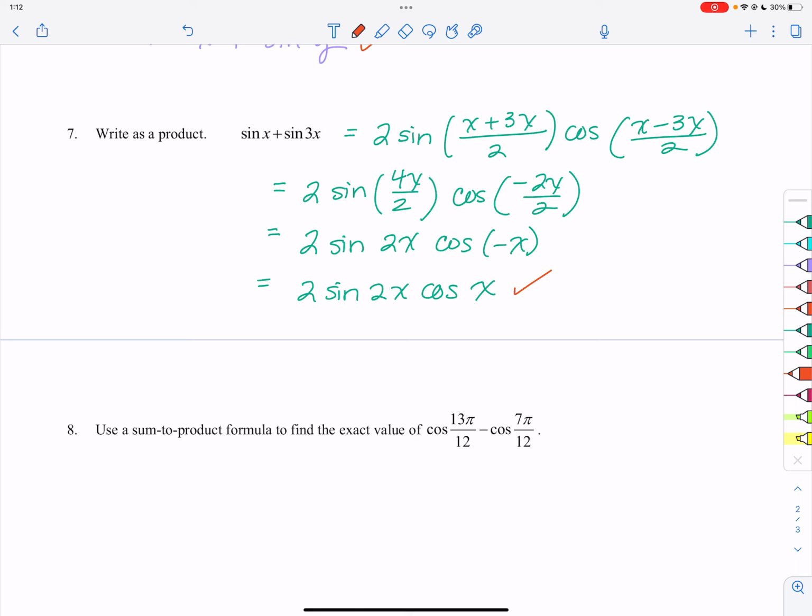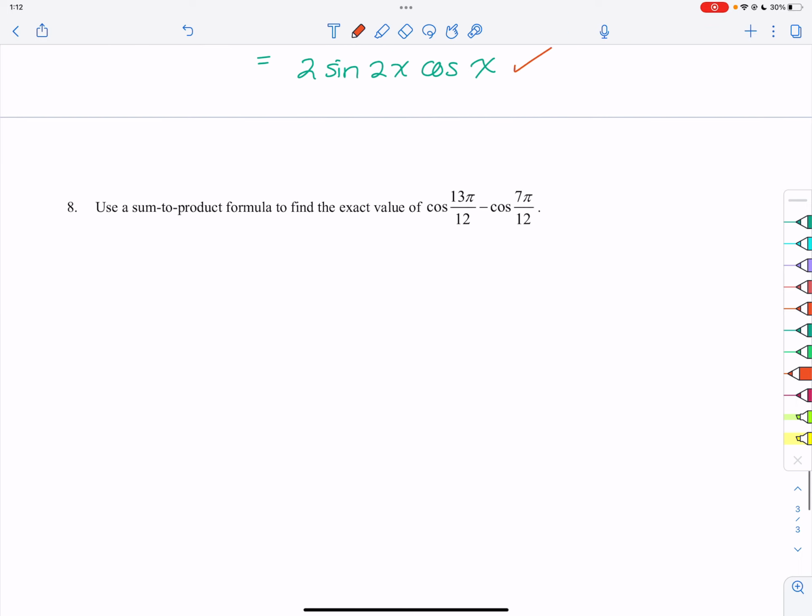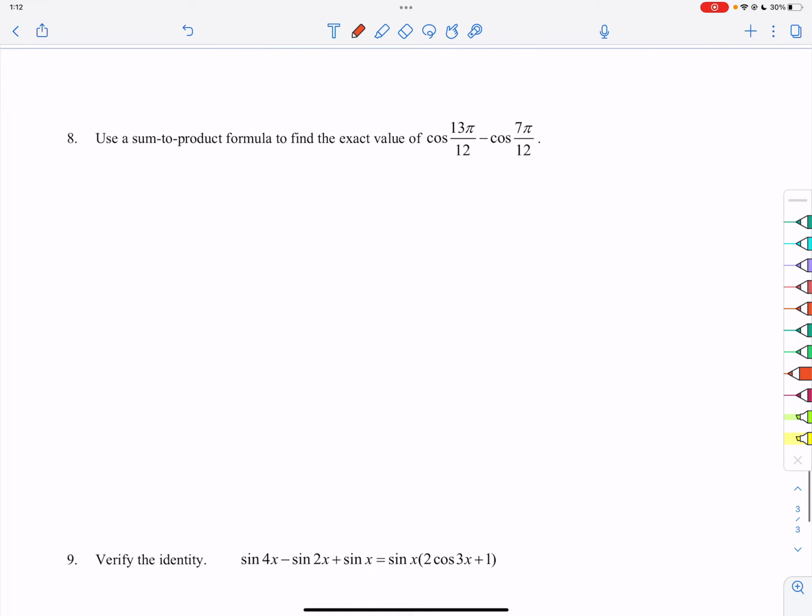Okay, let's look at our last two problems. In number 8, we're going to use a sum to product formula to find the exact value of this difference, okay? So we call that a sum. The sum is the difference, and so we need to find the exact value using the sum to product. So we need to create a product.